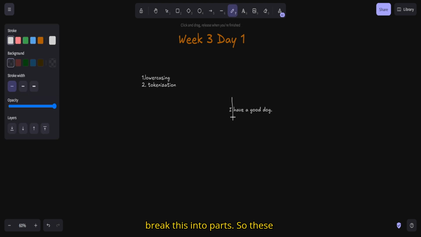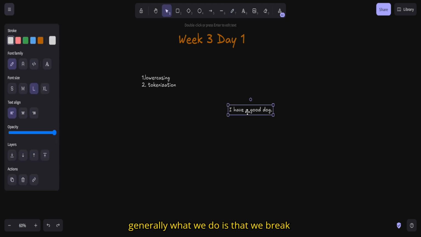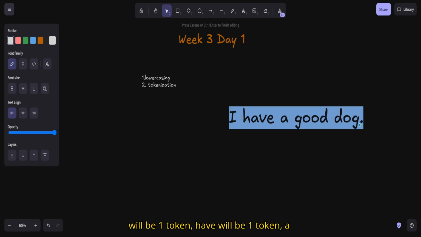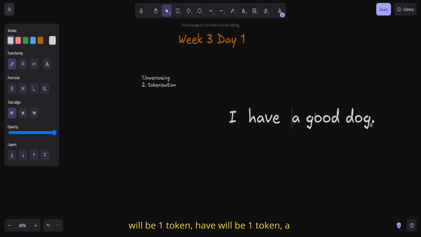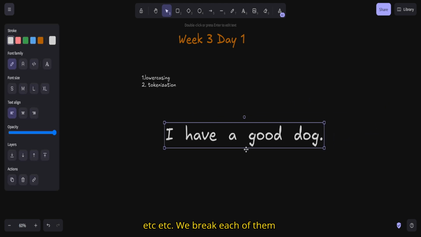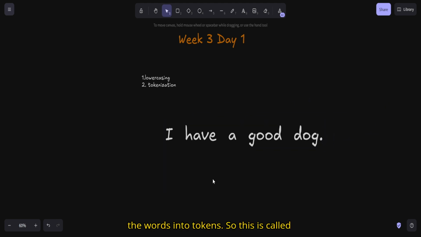These small parts are called tokens. Generally, we break this into words: I will be one token, have will be one token, a will be one token, good will be one token, etc. So we break the words into tokens. This is called word tokenization.